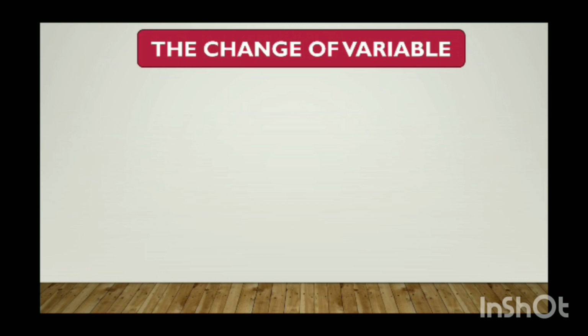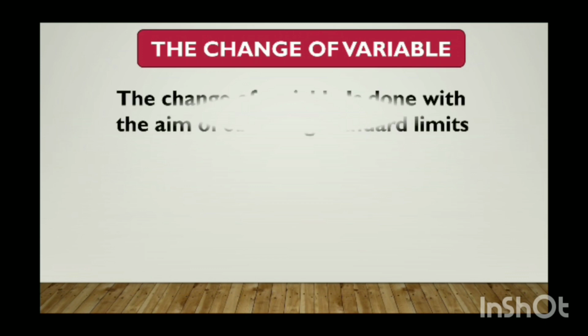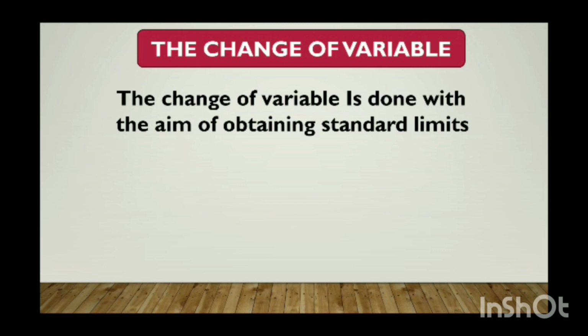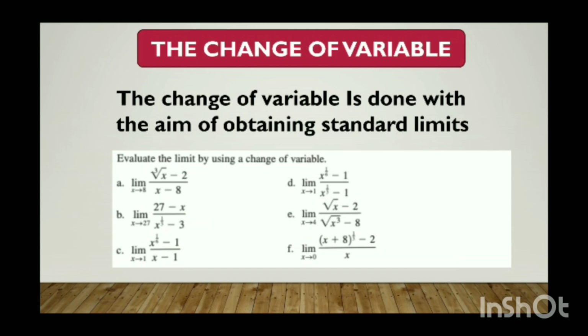So in case you have done direct substitution of a limit and you have an indeterminate form, you can use the change of variable in order to obtain a standard limit. So the main objective when carrying out the change of variable is to have a standard limit.